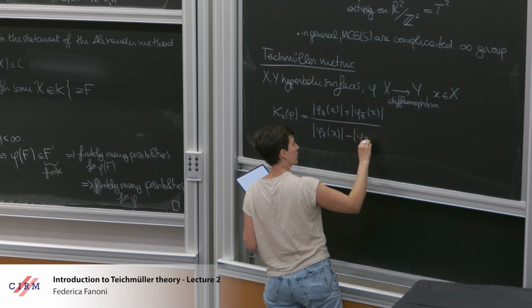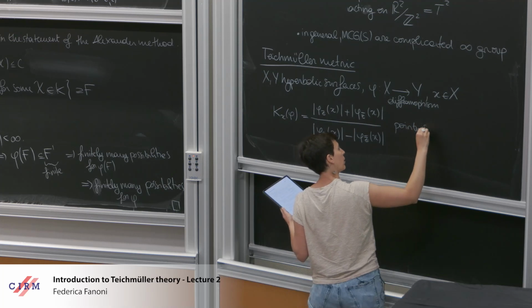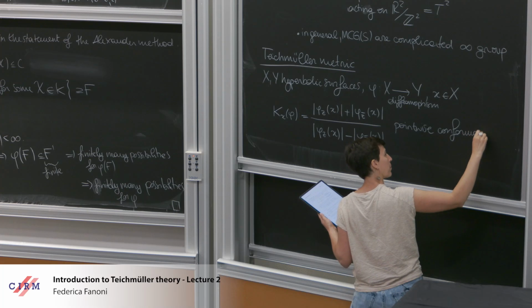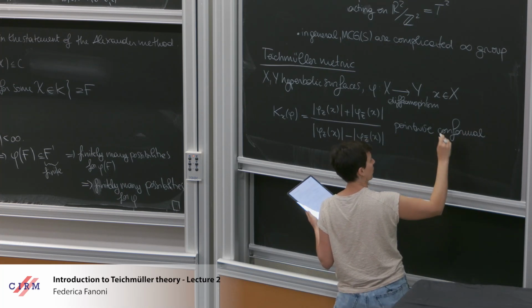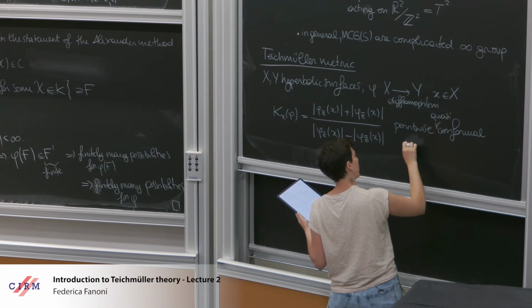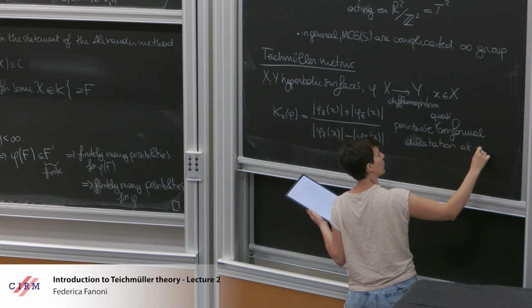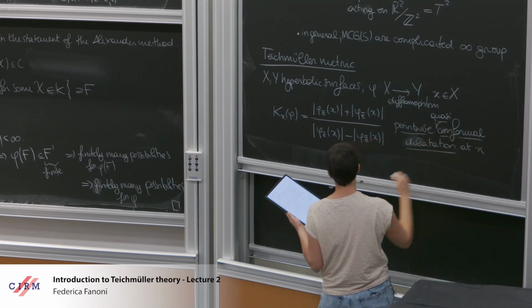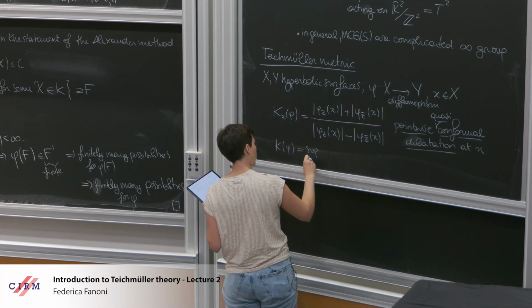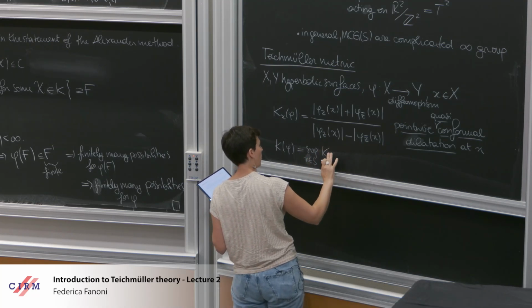This is what is called the pointwise quasi-conformal dilatation at x. And then for the map, we define this to be the supremum over all points x in the surface of these. This is the global quasi-conformal dilatation.